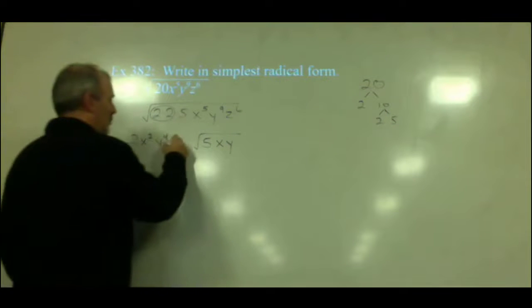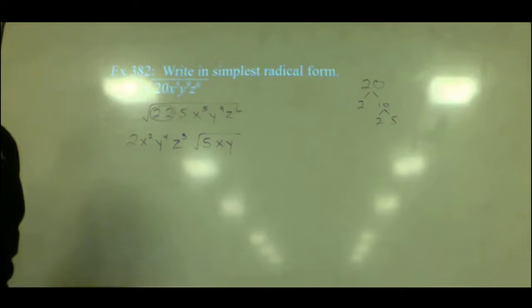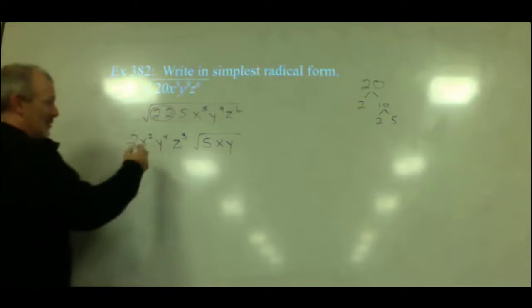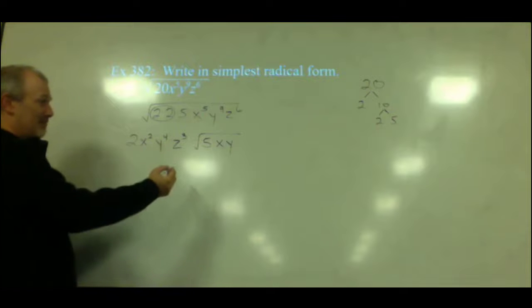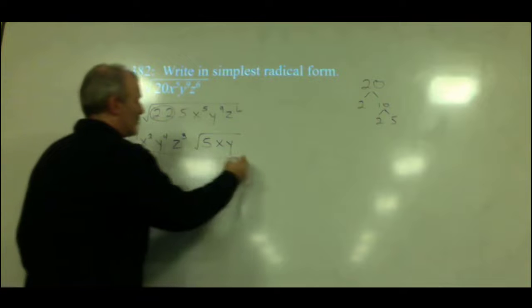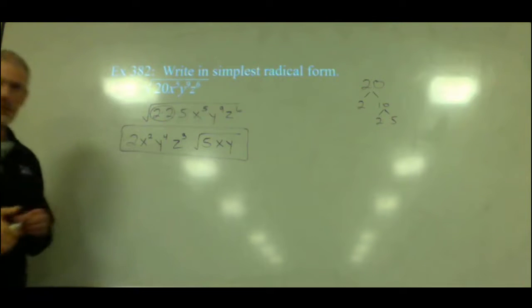And how many will be left inside? None, because we used them all. Does that make sense? And is there anything else that we can simplify? No. Everything is just one number on the outside, one number on the inside, and then one of each variable.